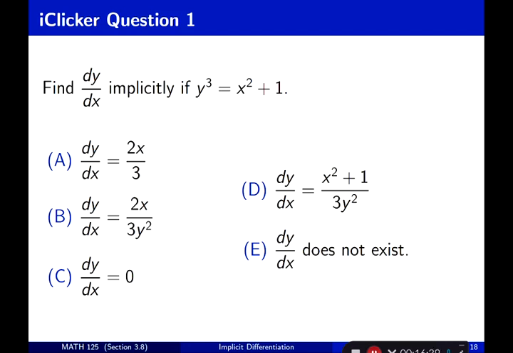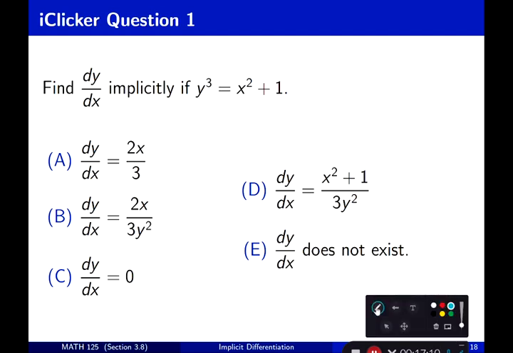B, 2x over 3y squared. C, 0. D, x squared plus 1 over 3y squared. E, the derivative does not exist. So pause and answer and come back.